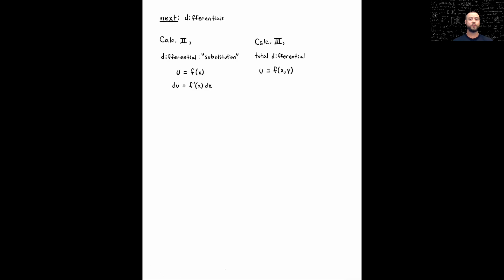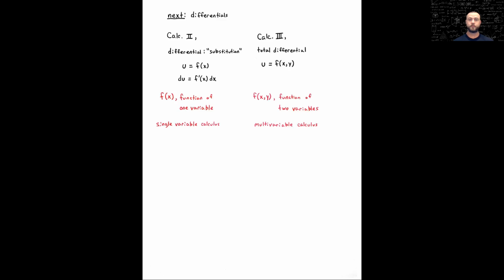Now, I don't want to go into full detail about what differentials are, but at a basic level, they represent a total amount of change in a function value. The difference is previous differentials were differentials for functions of one variable. In Calc 3, and as we're going to use them, the differentials are total differentials for functions of two variables.